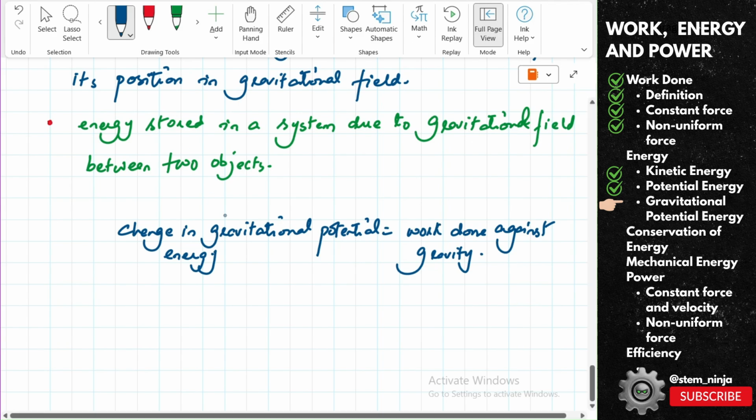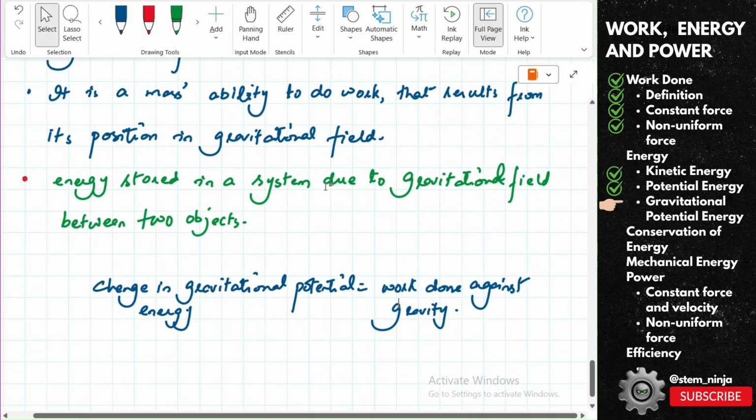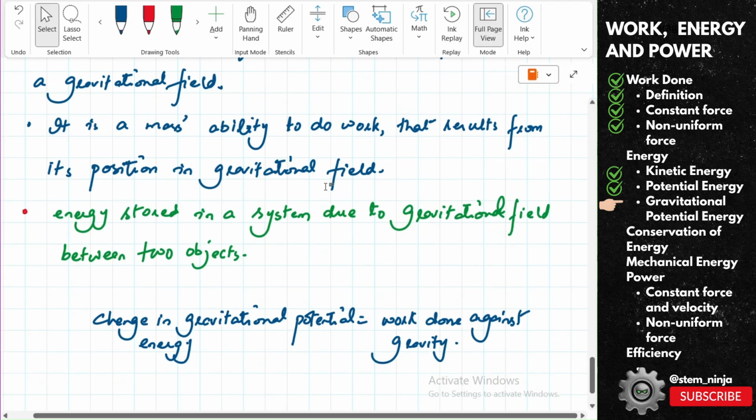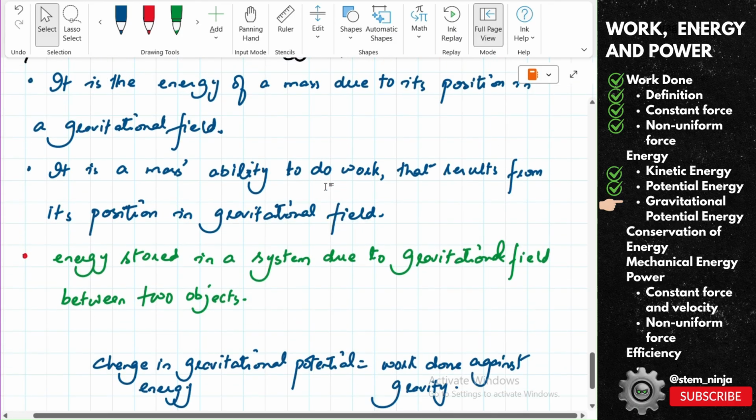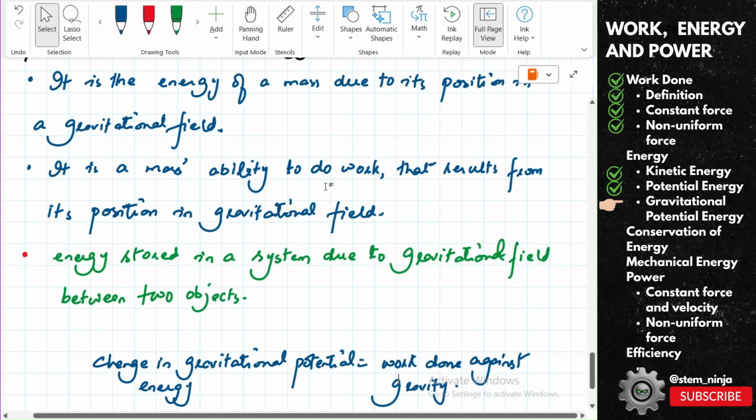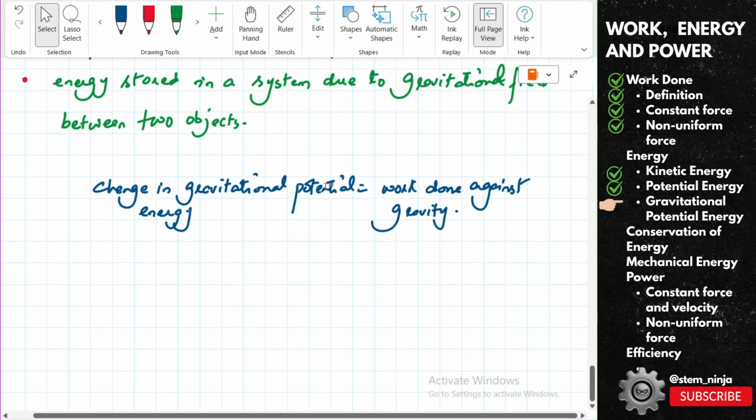Okay, so as you can see, this is another form of definition also. It is this mass's ability to do work. It's the energy stored in a mass that results from work done against gravity.